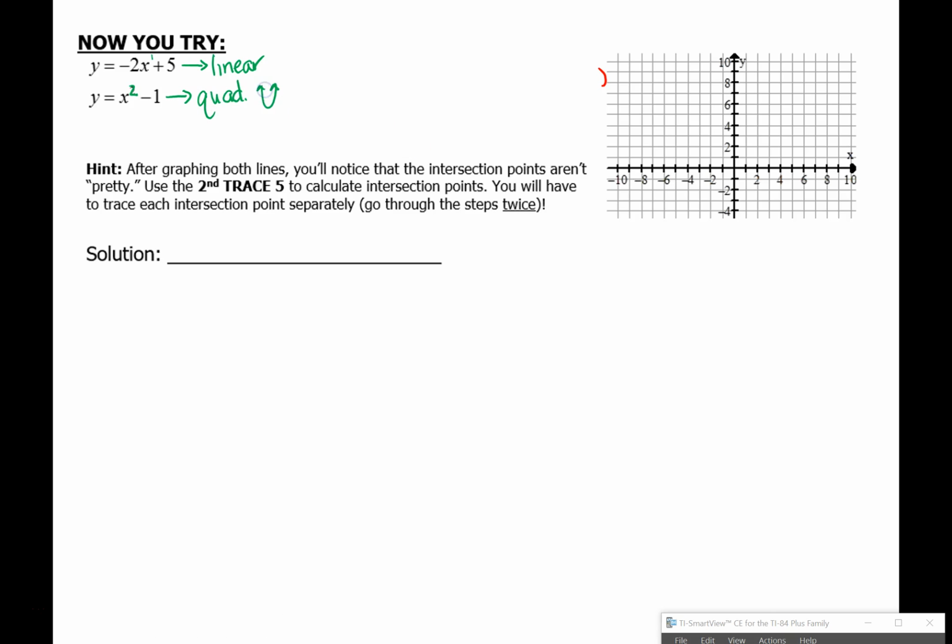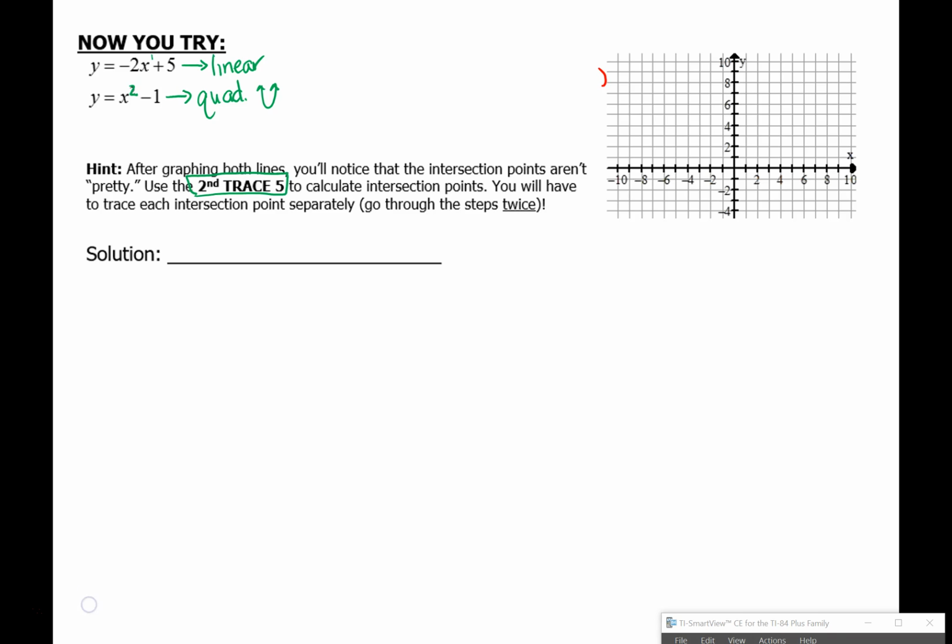If you'd like to use your calculator to help, you can, though you should be able to do both of these without a calculator. So take a moment to graph the two, and then the points of intersection are not pretty on this one. They are kind of ugly. So I want you to use second trace 5 to find each of the intersections. We'll check this one in class when I see you next time.